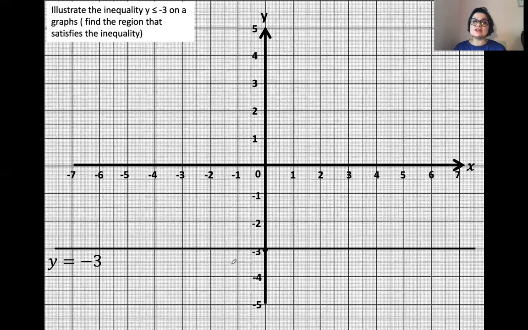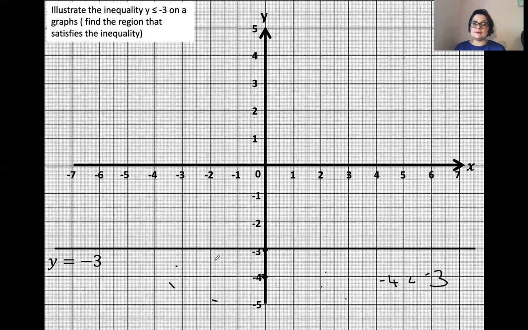Now, which region satisfies y smaller and equal than -3? Remember, you're dealing with a negative number, so all the points below the line satisfy y smaller than -3. This point here, for example, the y of this point is -4. -4 is smaller than -3, so it does satisfy our inequality.